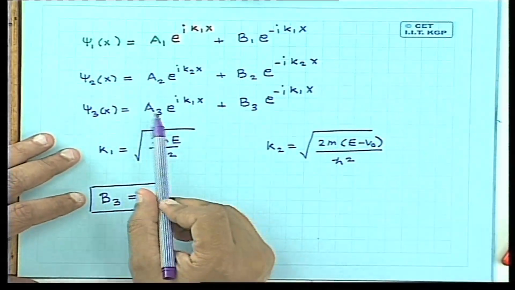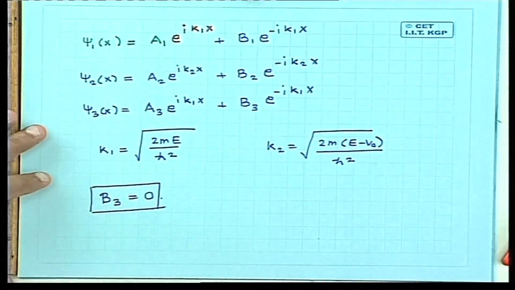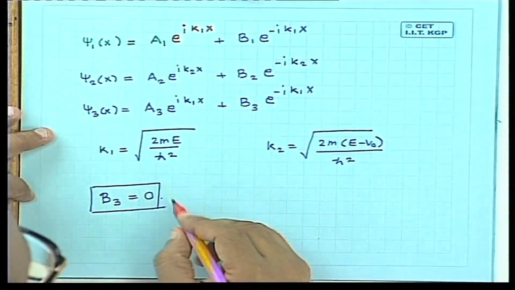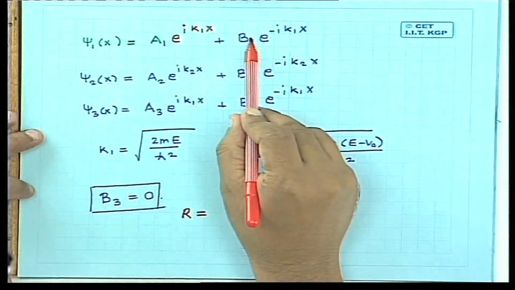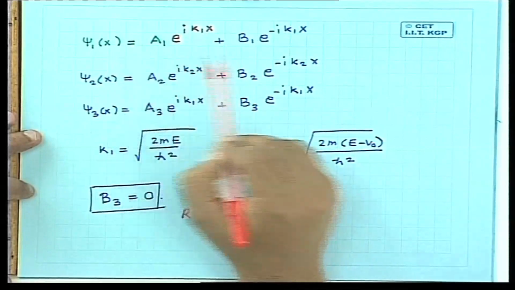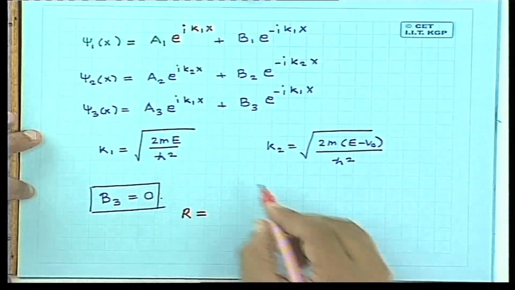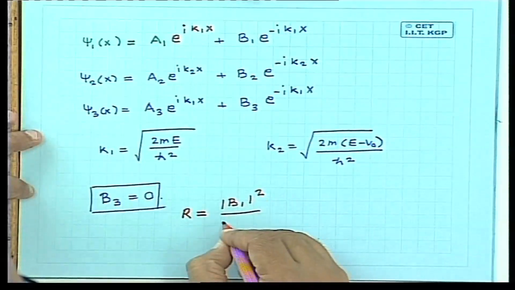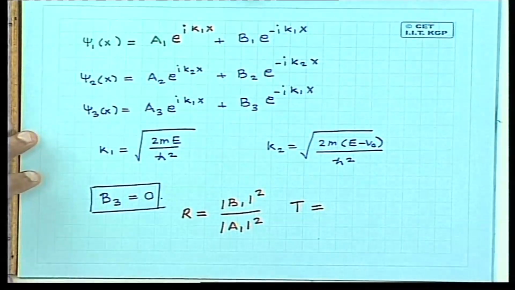So let us now eliminate everything else from this. Let us also write down the things we want to calculate. We want to calculate the reflection coefficient R. The reflection coefficient R is equal to the ratio of |B1|^2 by |A1|^2, because A1 represents the incident wave and B1 is the reflected wave. The ratio of the currents corresponding to these two is the reflection coefficient. We also want to calculate the transmission coefficient.